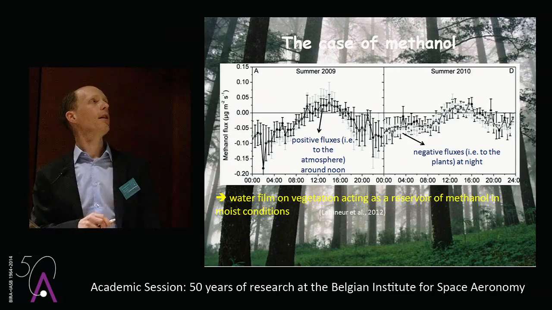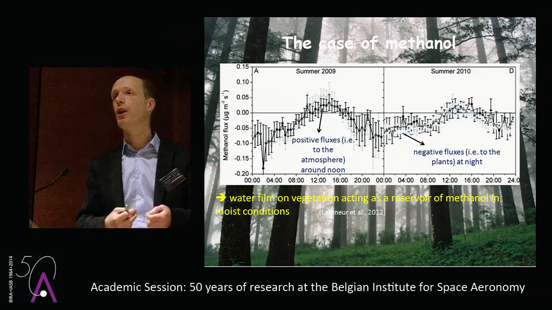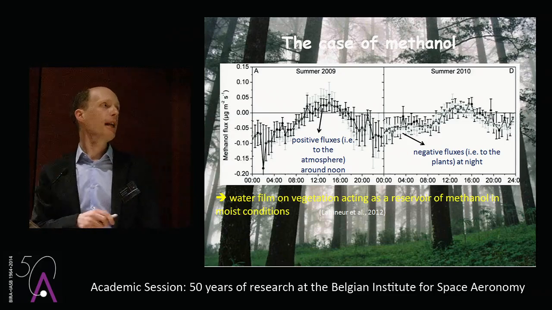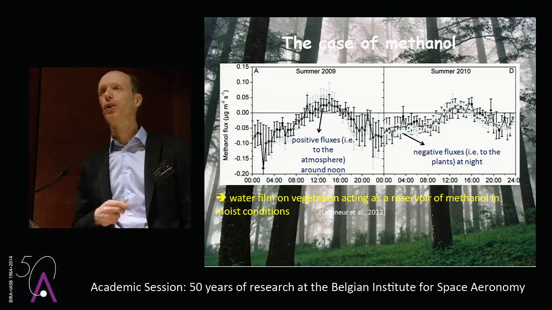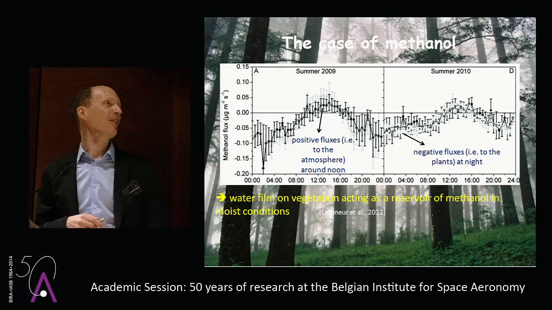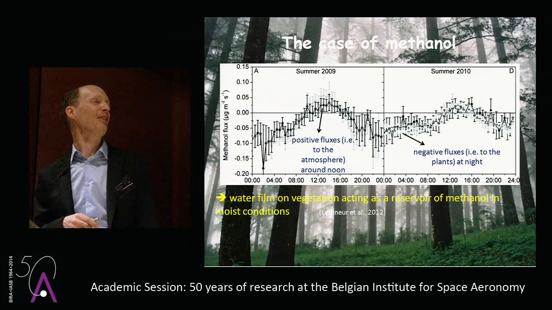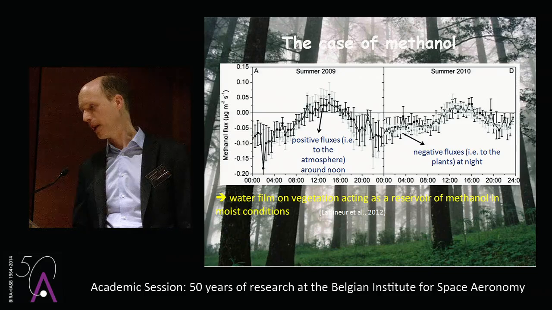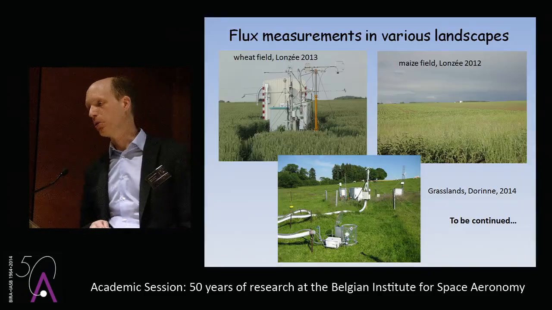And in the afternoon and during the night, you have accumulation of methanol in this water film. And I think that's a really important and potentially interesting result that should be considered in the future in the models trying to describe these types of exchanges.